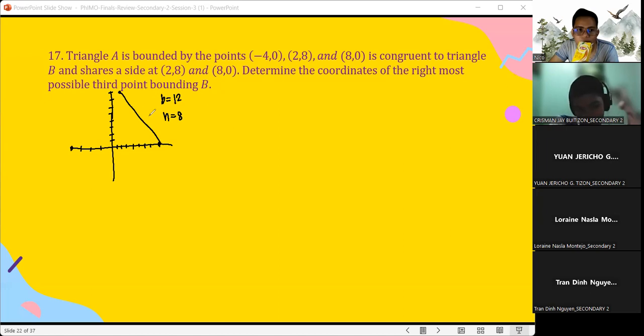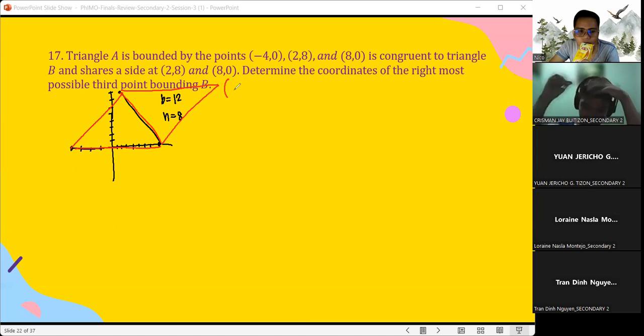If this one is your triangle, the other one must be like that, diba? So this part here is the one that we need to solve.